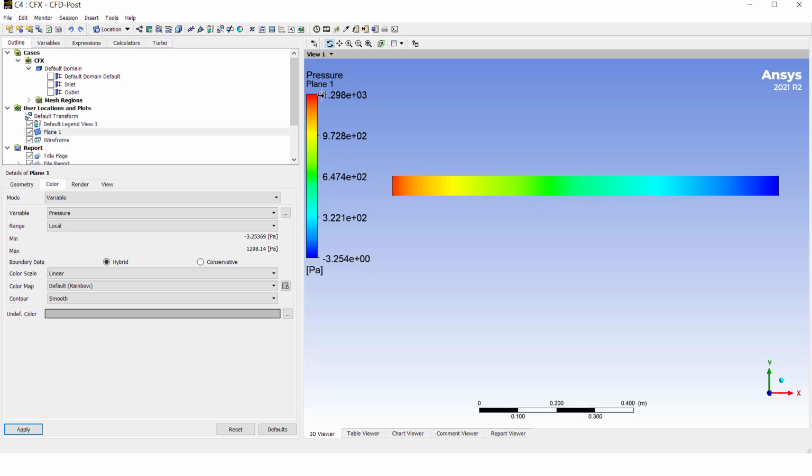There is a total difference between the higher value and the lower value of around 1,301 pascals, maybe. Okay, this is what we are getting from the full model with 5 kilograms per second. Now, let's see what happens when we have the slice geometry and using the same 5 kilograms per second.